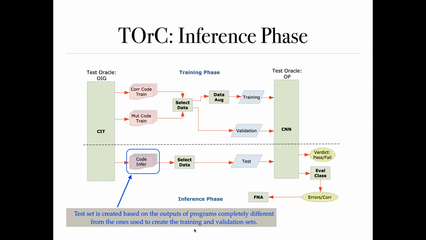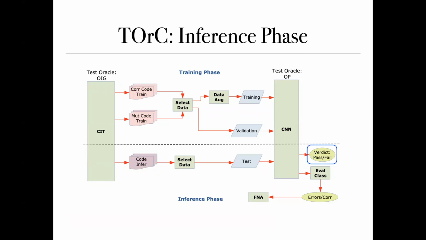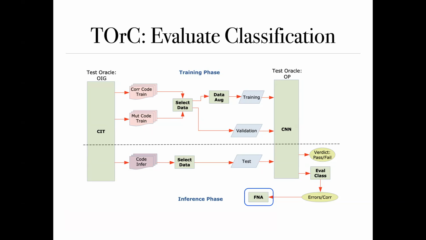In real life, this method will see images that were generated by completely different scientific source code. The CNN assigns the pass-fail verdicts, and the last step is the evaluation of the classification.